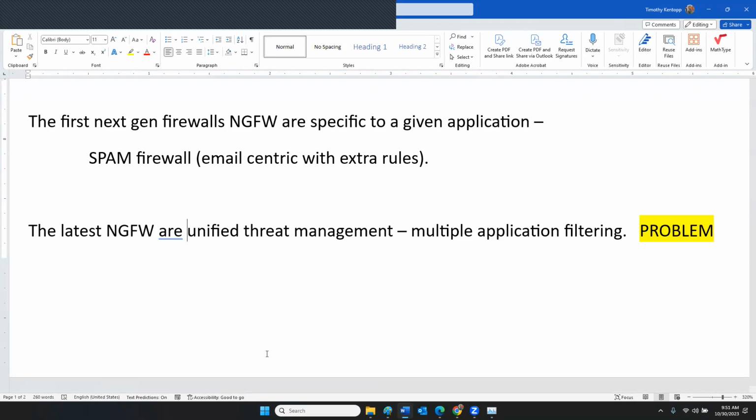Buy this advanced system. It's high performance, it slices, it dices. It protects your web applications, it protects your email. It actually looks for malware. And it provides secure remote access. So it does VPNs. It does everything.